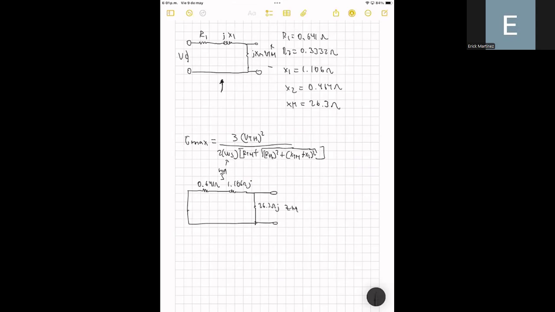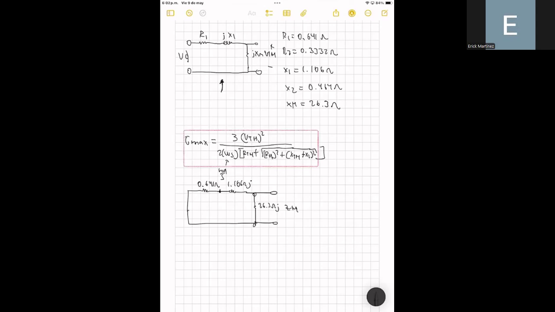But you can see that this circuit is relatively simple. First, we can add together these two values, okay? And the addition of these two values is in parallel with this one.